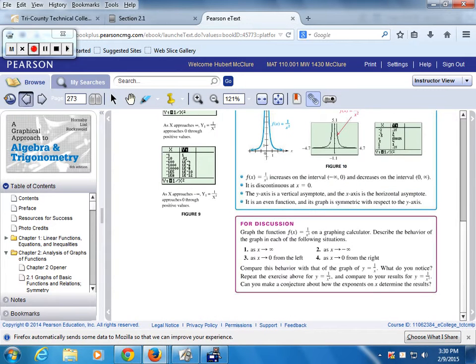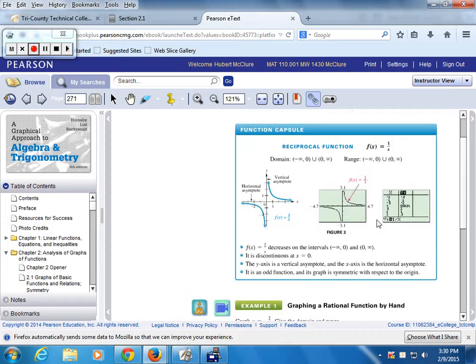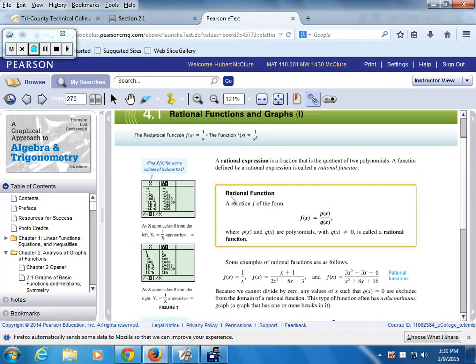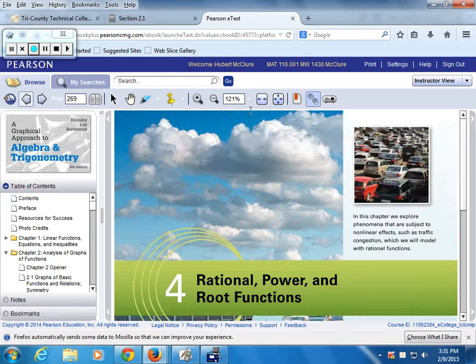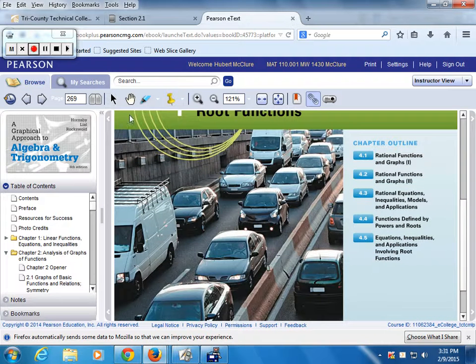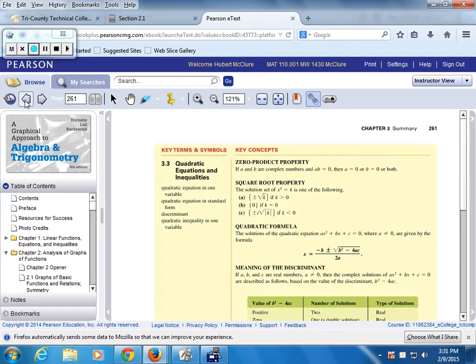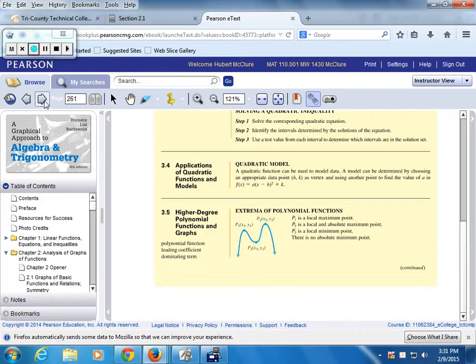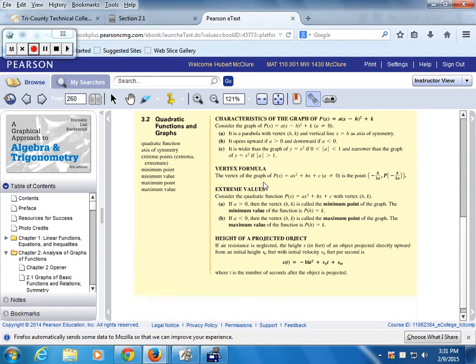Just give me a second. Okay, well, I don't know where it is. It may be in chapter 3. I don't think it's in chapter 3. I didn't hear you. Horizontal asymptotes.